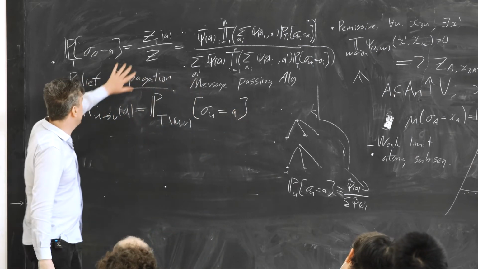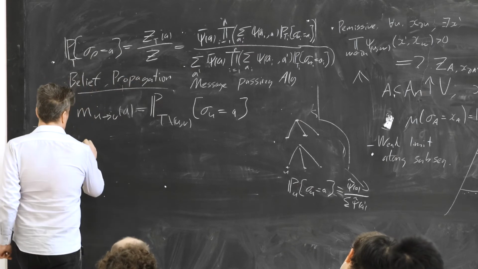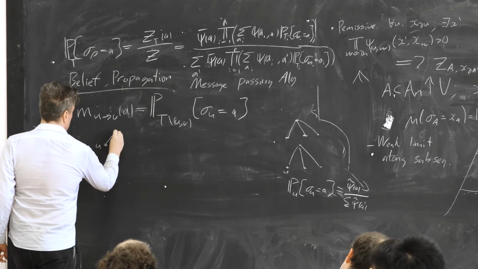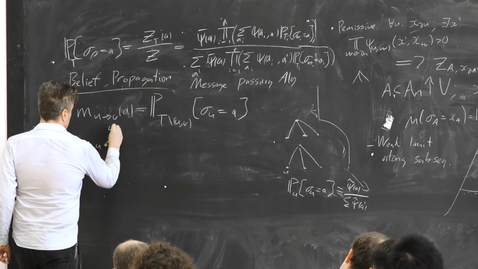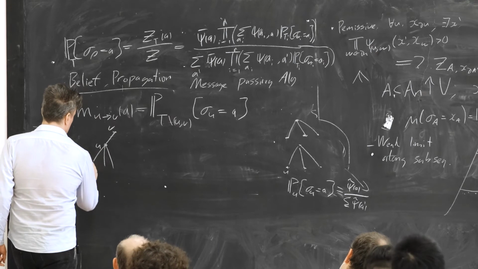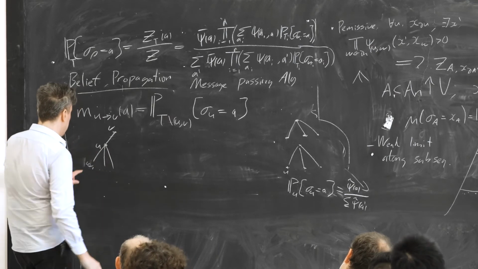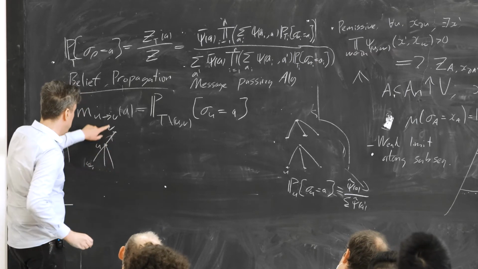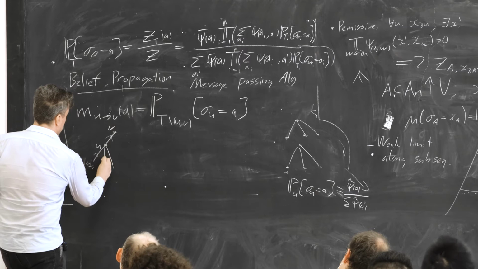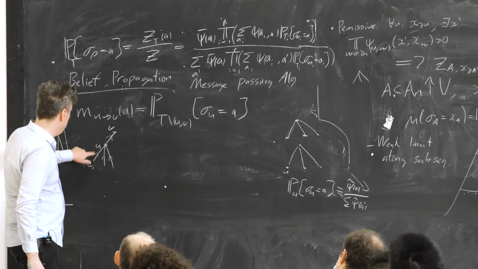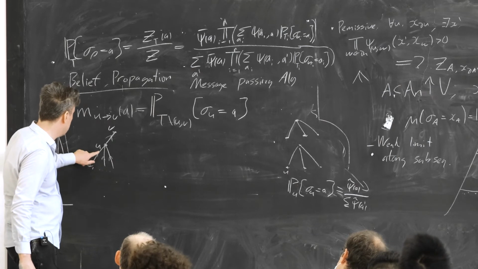And then this recursive formula is saying that if we have a vertex u and a neighbor v, then I can work out the message from u to v in terms of the messages from all the other neighbors of u coming into u.